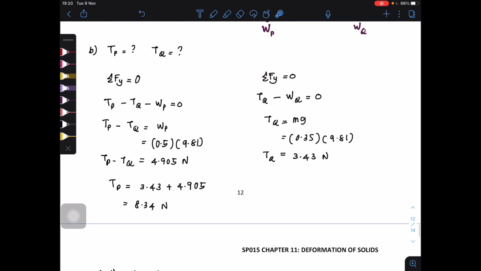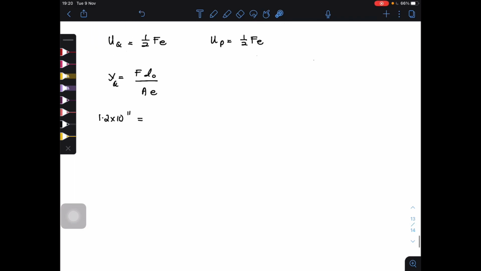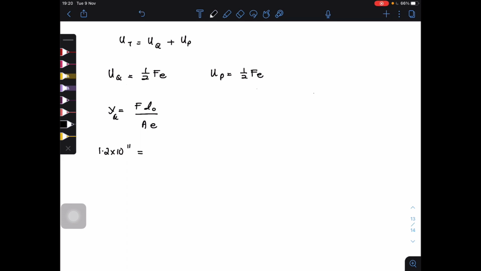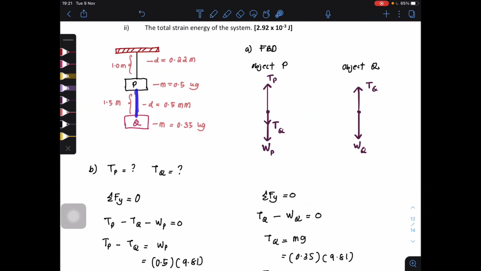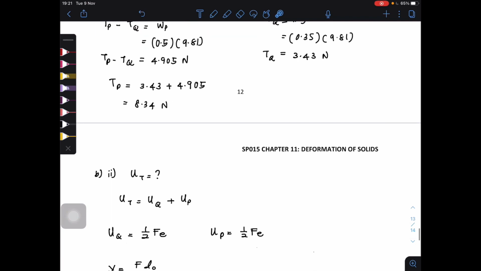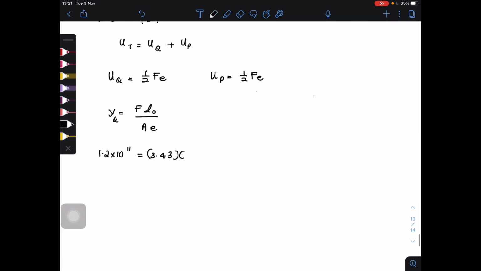WQ is this one, 3.43 Newton. And then the original length of the copper wire is 1.5 meter divided by the area.